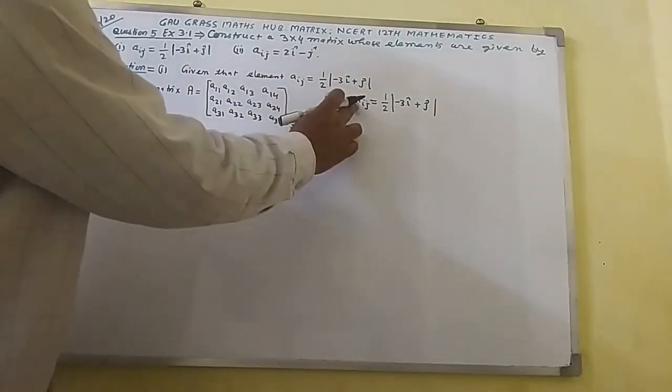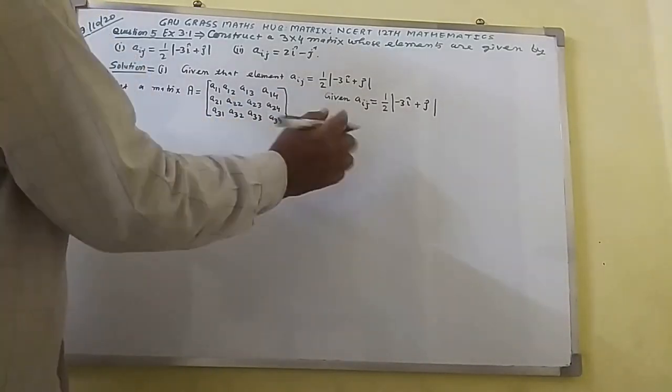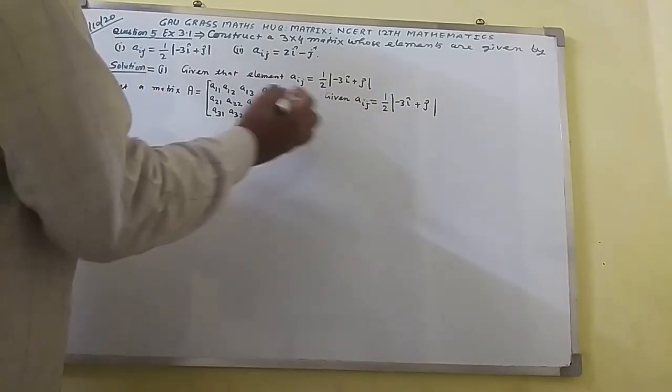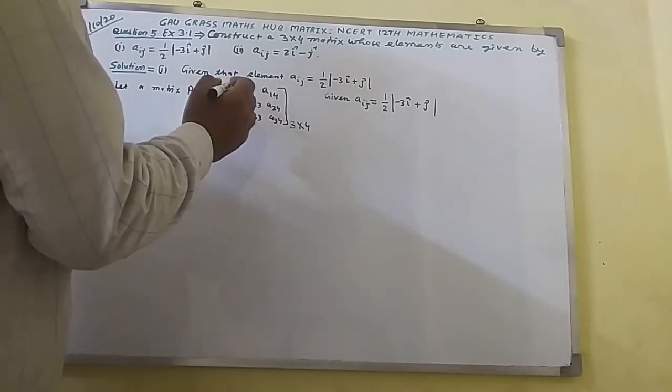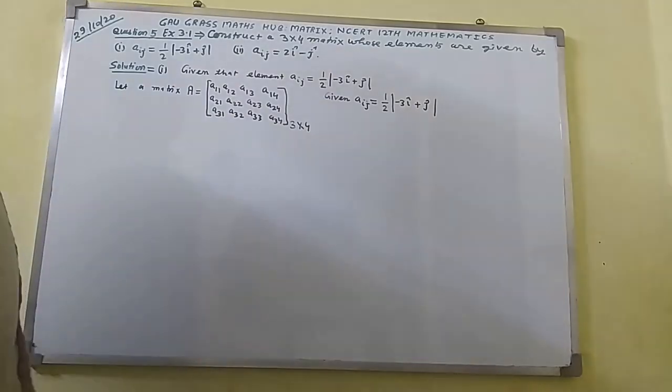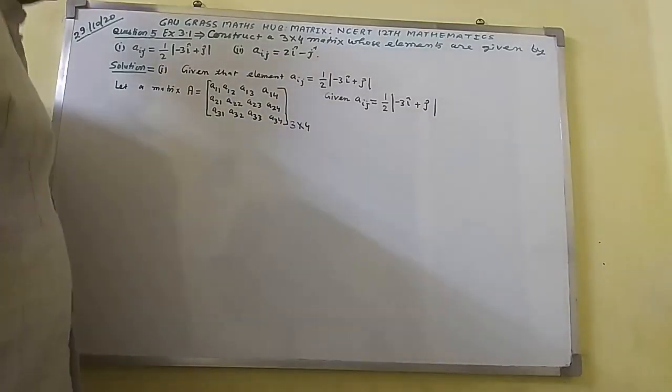So the value of i will be taken from the row position and the value of j will be taken from the column position.